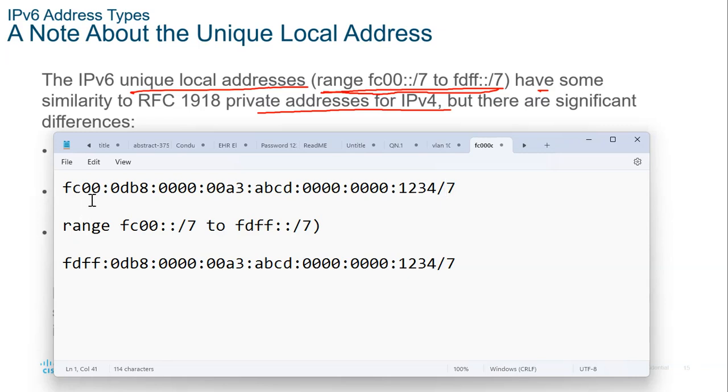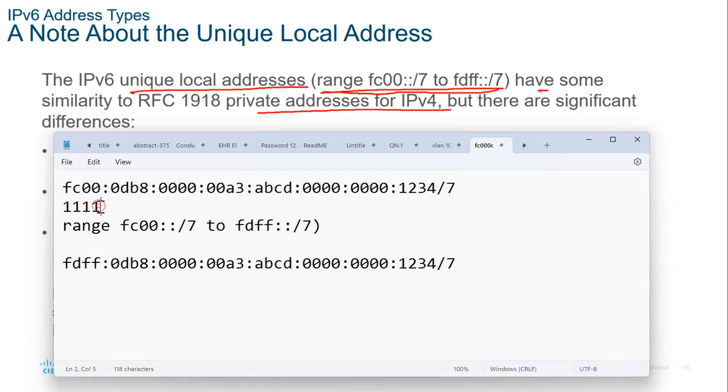But when you look at this /7, because as you can see, it is a range. So if I convert 7, F gives me 4. Then the C is a 12.